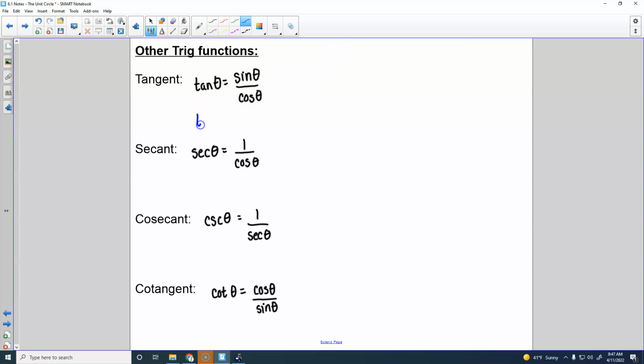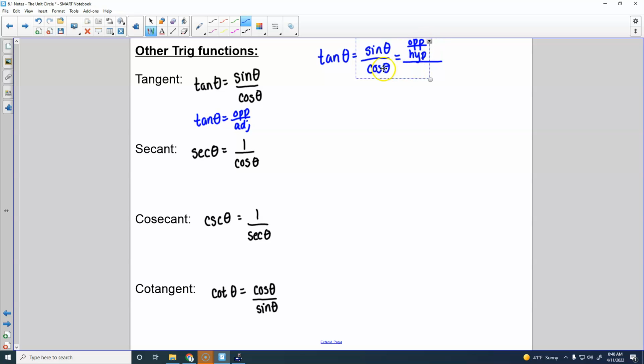We know tangent of theta also is opposite over adjacent, right? Our regular trig, we know that it's opposite over adjacent. So if I'm doing tangent of theta and it equals sine of theta over cosine of theta, I know sine is opposite over hypotenuse.